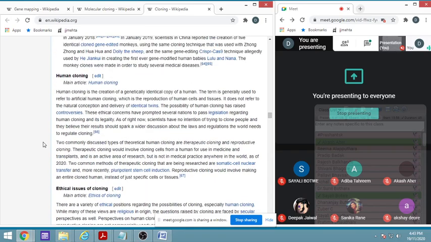Then human cloning is also being done, that is the creation of a genetically identical copy of a human. The term is generally used to refer to artificial human cloning, and particularly to making available delivery of identical twins. But there are many controversies and ethical issues, because it is not correct to do it.